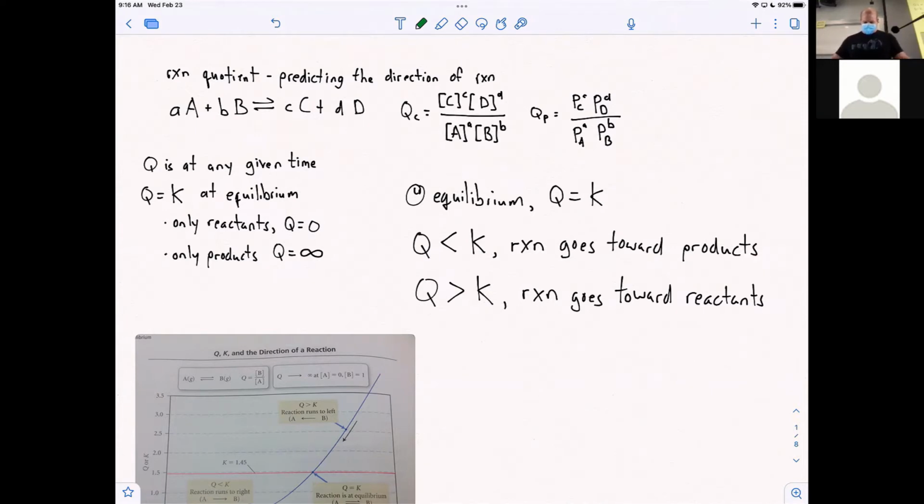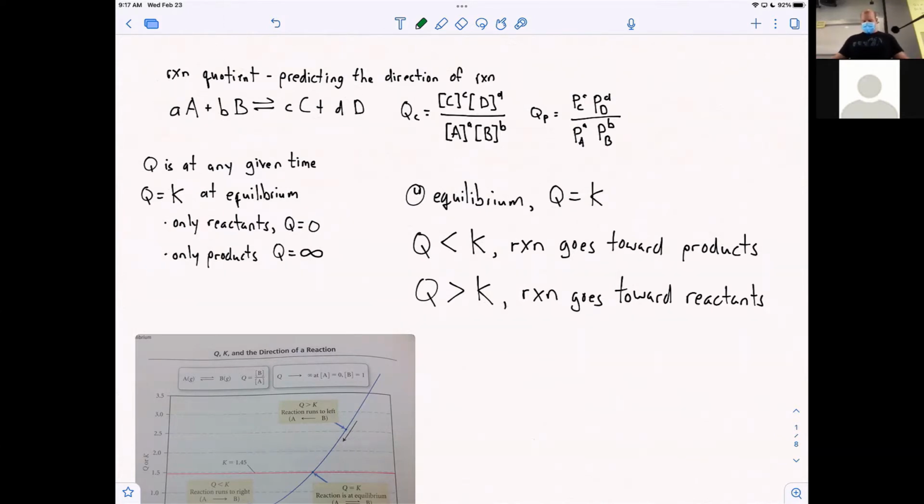A couple other things: for many of these problems, if you have only reactants, that means there's 0 over some number, and 0 over some number is always 0. If we have only products, the top number is a number and the bottom number is 0, close to 0. That means the reaction quotient is infinity. And of course that's easy.